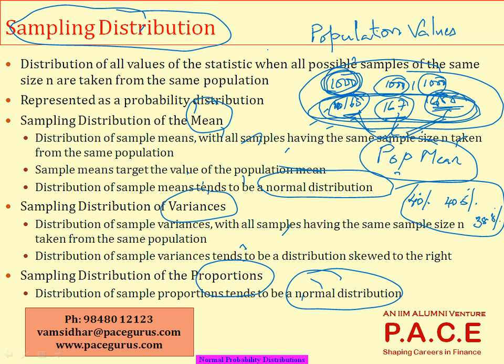Whatever graph we are getting, we call it the sampling distribution of the variances. And one thing we have to understand here is that the sampling distribution of the mean and the proportions showed a normal distribution, whereas the sampling distribution of the variances was not showing a normal distribution. It is showing a distribution that is more skewed to the right.